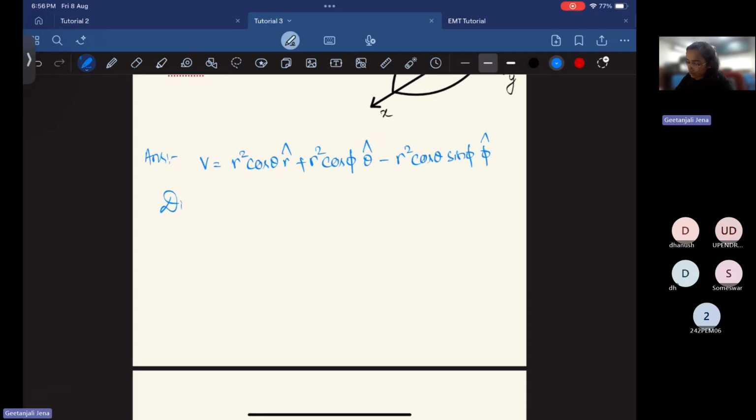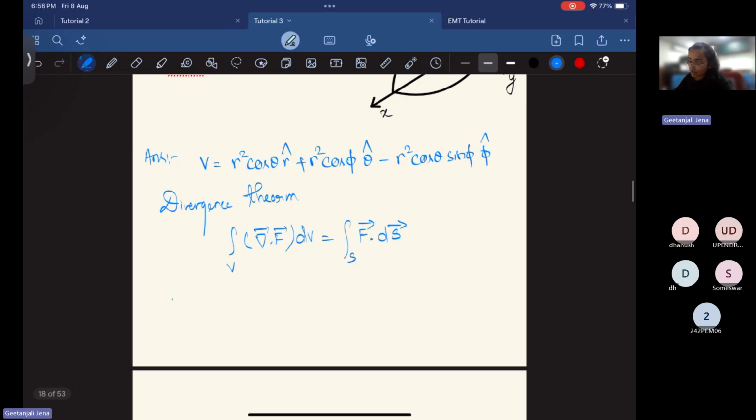So the divergence theorem, if you recall it, relates the volume integration with the surface integration for a function f. The volume integration of the divergence of f is equal to the surface integration surrounding this volume of f dot dS.